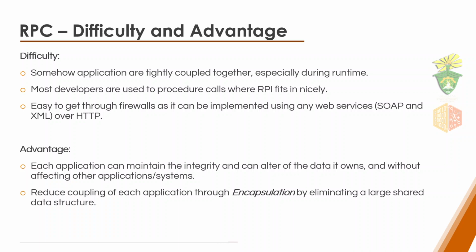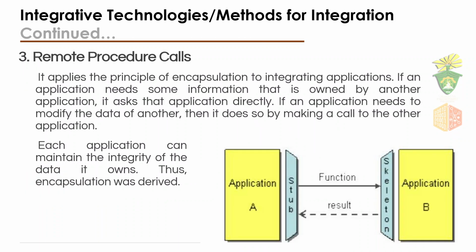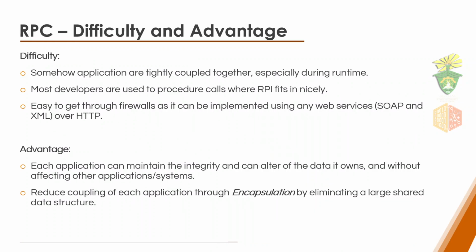It's easy to get through firewalls, as it can be implemented using any web services, like REST and XML over HTTP. So we will not have a problem migrating resources or objects from one system to another. It can get through firewalls.